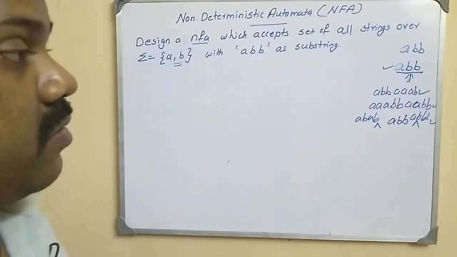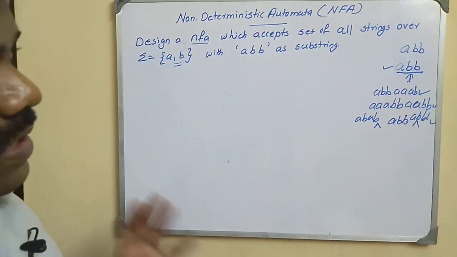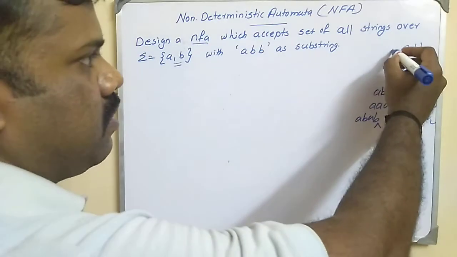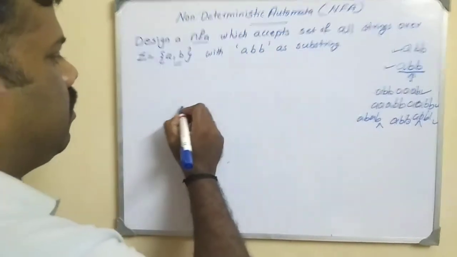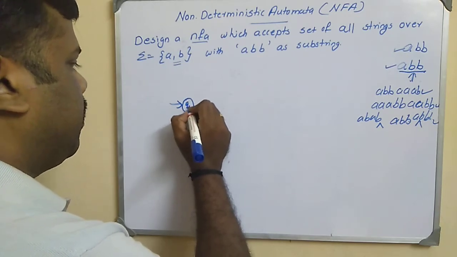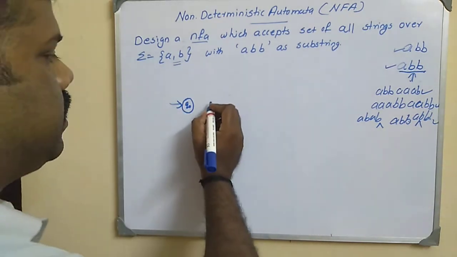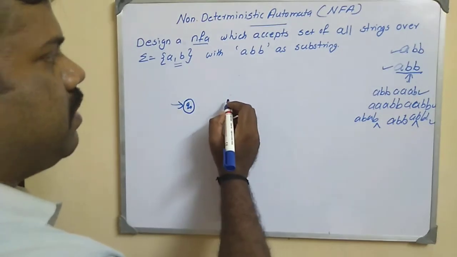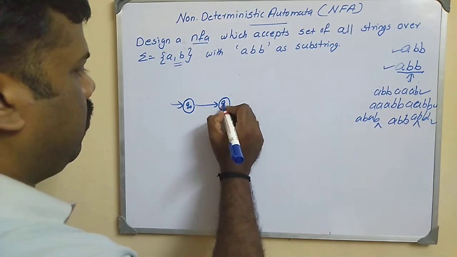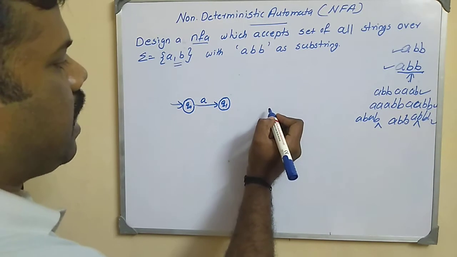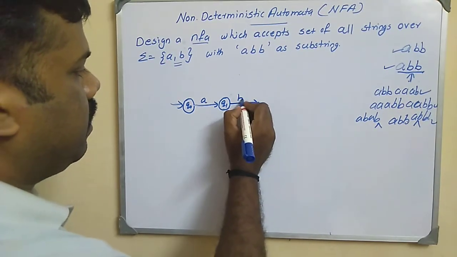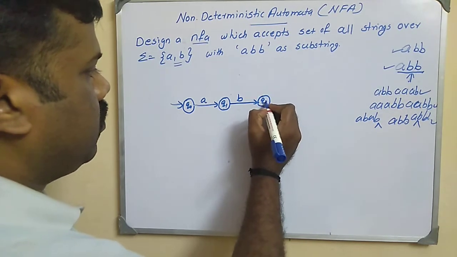Now design the NFA with the transition diagram using this initial concept, the least possible string. I will draw the transition diagram like this. Q0 is my initial state. The least possible string is ABB, so the first alphabet A goes to Q1. Next the alphabet B goes to Q2.